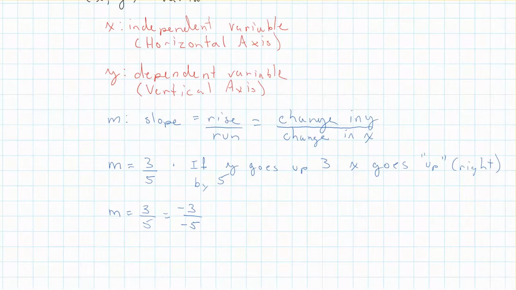And all this does is give us another way to use the slope in order to plot some of these graphs, which we'll look at in a little bit. What this would mean is that if y goes down 3, x goes down, because of the negative, which on the x-axis would mean it's going to the left by 5.